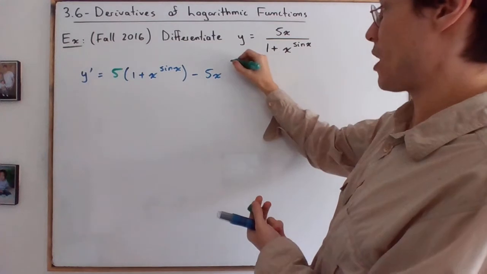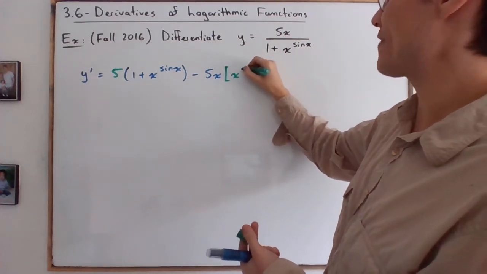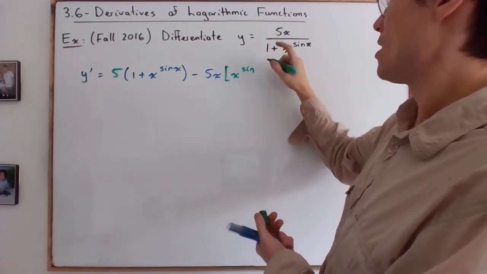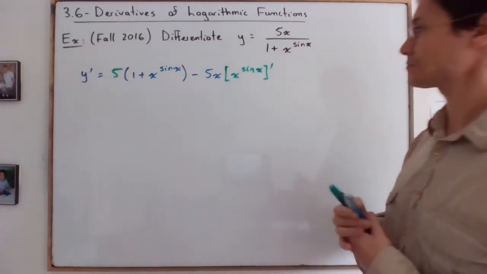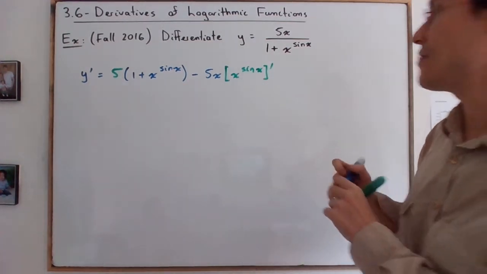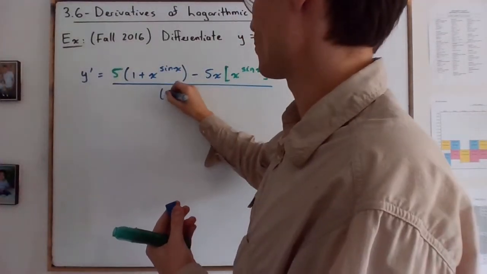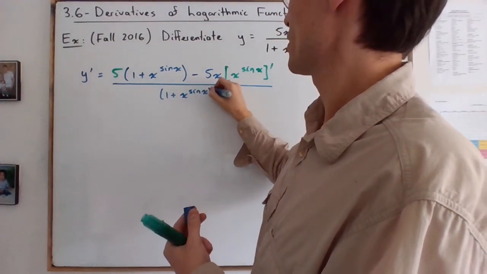The derivative of the bottom will be the derivative of x to the sine of x, so let's just write x^sin(x) prime. Then this is divided by the bottom squared, so x^sin(x) squared.